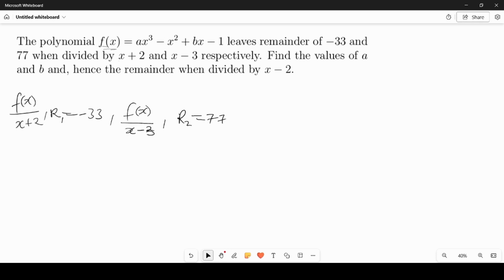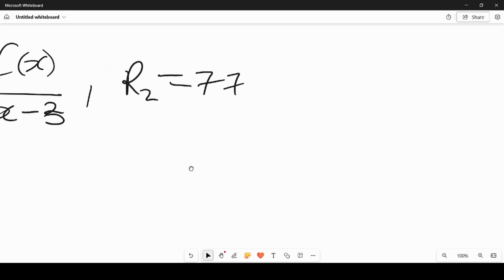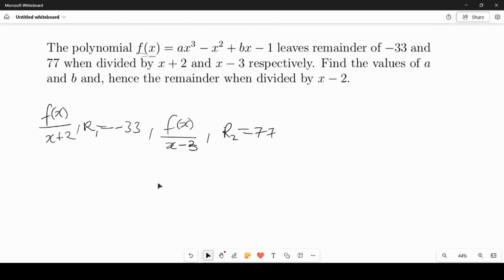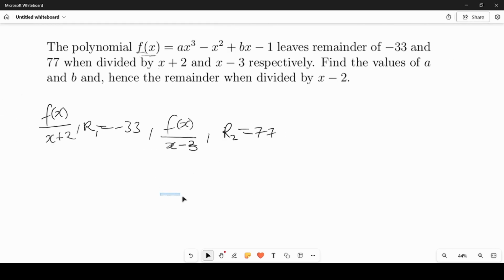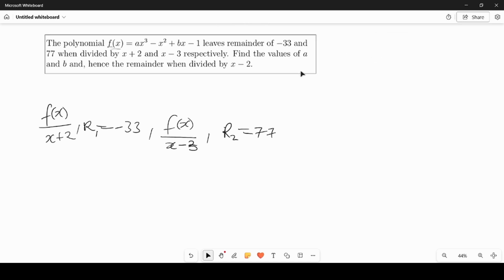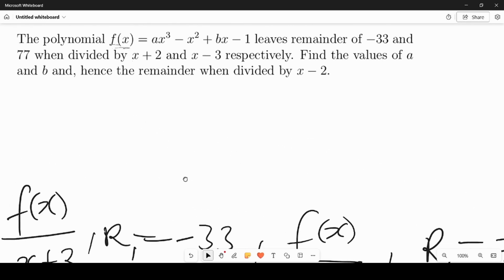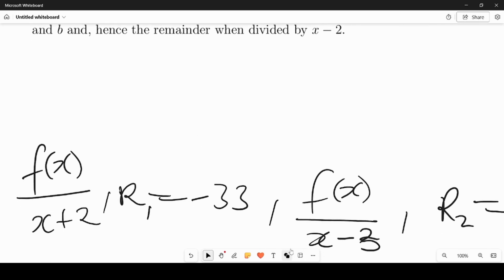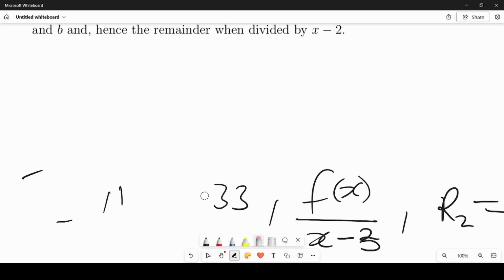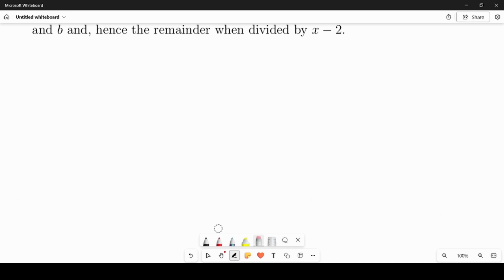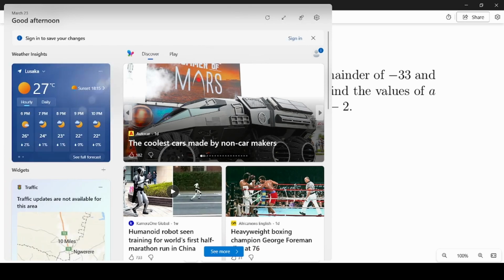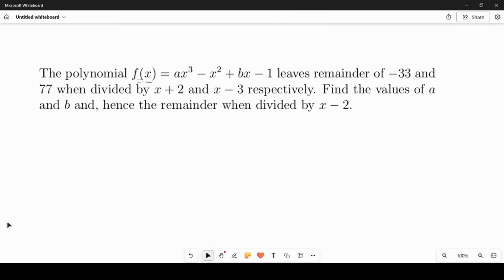So how do we find the remainder when you divide f of x by x minus 2? What you're going to do is find the remainder.